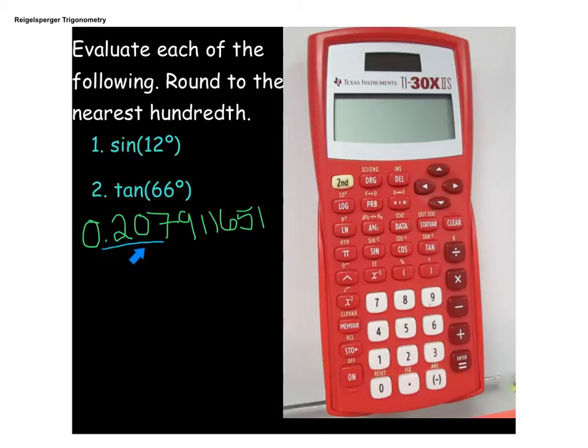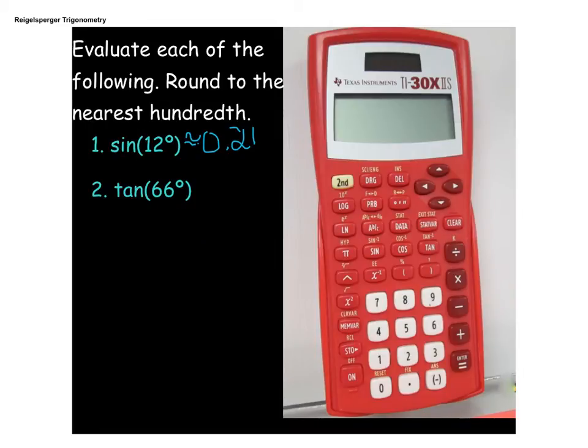Now, to the right of my 0, I have a 7. So this 0 is going to be bumped up to a 1, giving me an answer of approximately 0.21. My 2's a little bit messed up there.